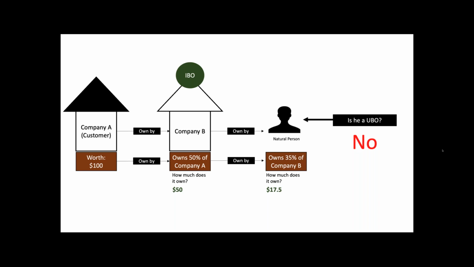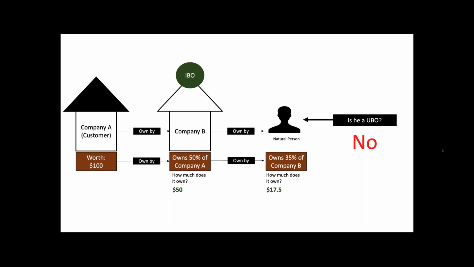Does that make sense? Now, if you have $50 and I say out of that $50 I want to buy 35% of it, how much would I own from that $50? Exactly, it should be 17.5.